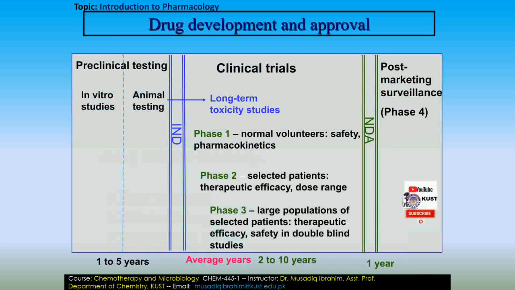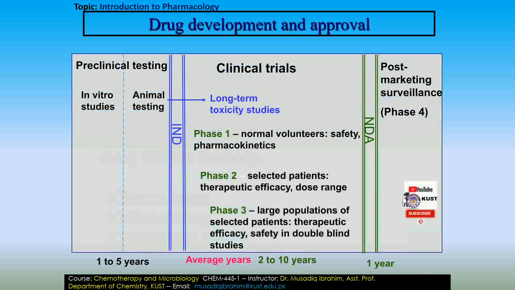So mostly the drug which is soluble in water is preferred over those drugs which are non-polar and not soluble in water. Then the reaching of the drug to the site of infection is difficult in the case of those drugs which have difficulty in solubility in water.